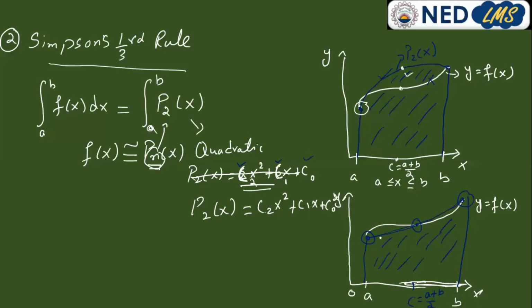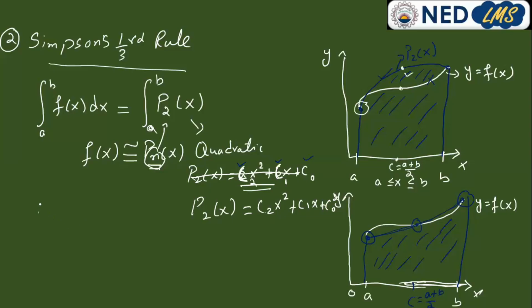So what we are saying is we want to find a polynomial of degree 2, which is the requirement of the Simpson one-third method, but in such a way that it matches the values of the function at 3 points: lower limit, upper limit, and also an arbitrarily chosen point, which is the midpoint of this interval. So we have this condition.